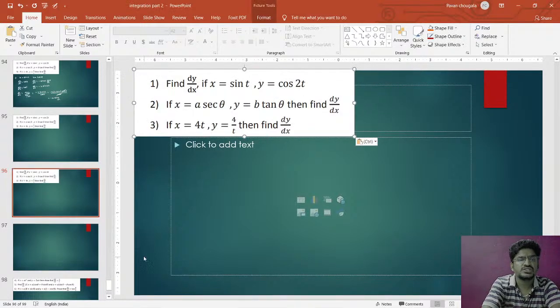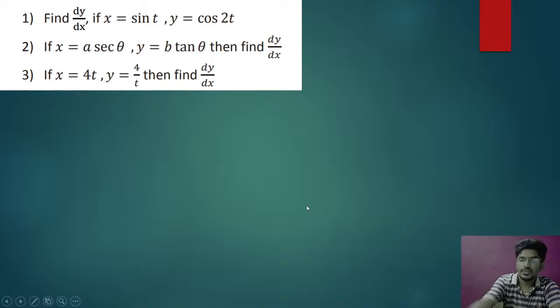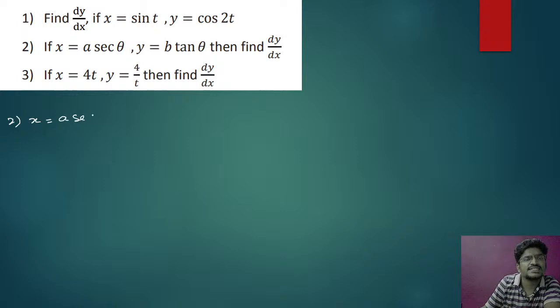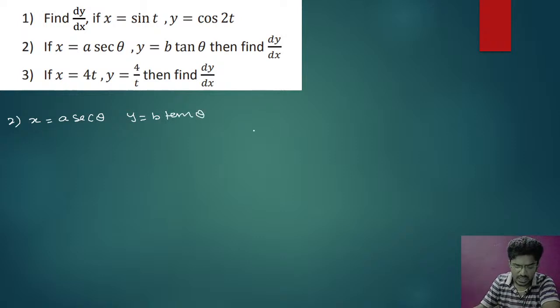So now you just see the second problem. That is, if x equal to a sec theta, y equal to b tan theta, find dy by dx.